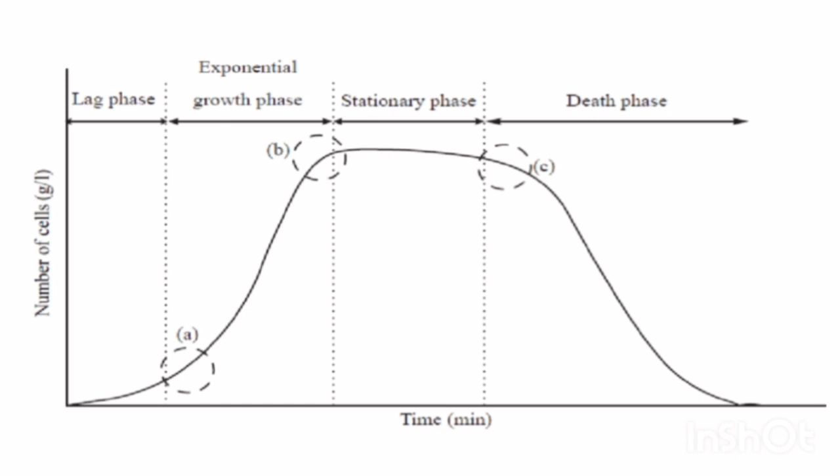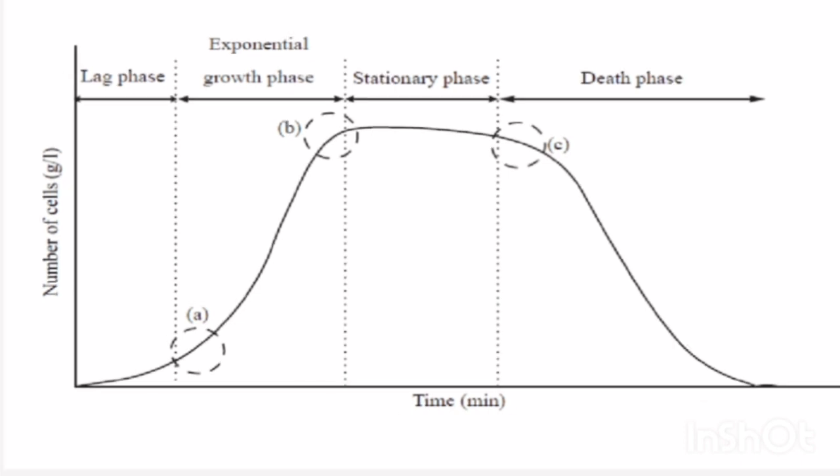Hence, the lag phase is also called phase of adjustment or time of adaptation. Second phase is the acceleration phase. It is a brief period in which the cells start to grow slowly. Acceleration phase connects lag and log phase.